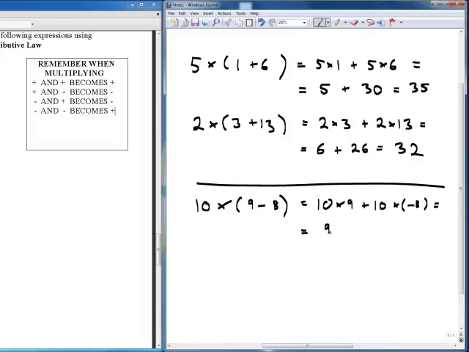This is 90. This is 10 times minus 8 is minus 80. So plus minus 80 is minus 80.